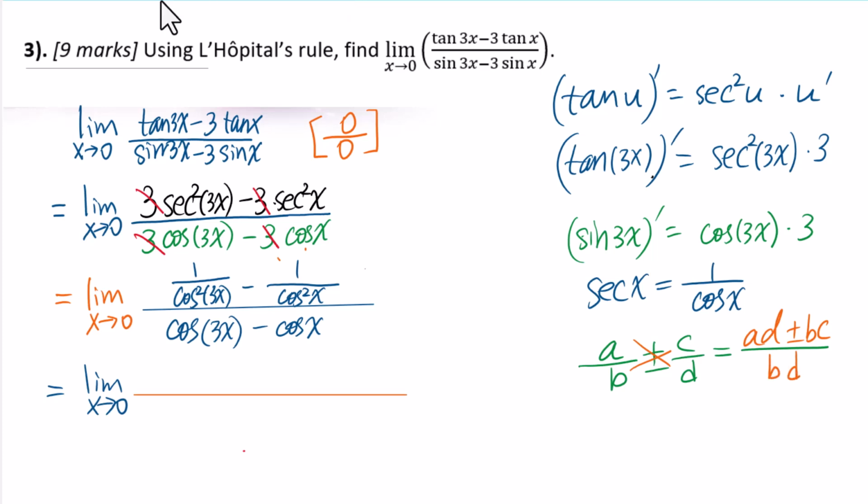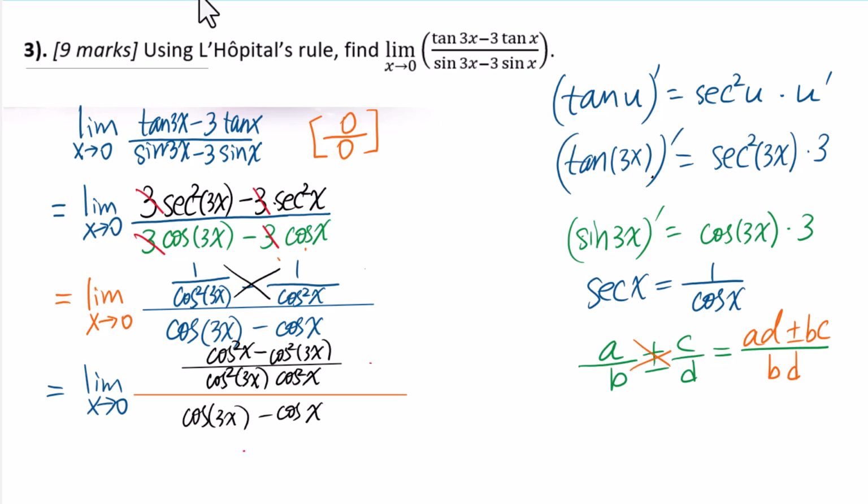So we got cosine squared 3x times cosine squared x in the denominator, and cross multiplying gives cosine squared x minus cosine squared 3x all over cosine 3x minus cosine x.